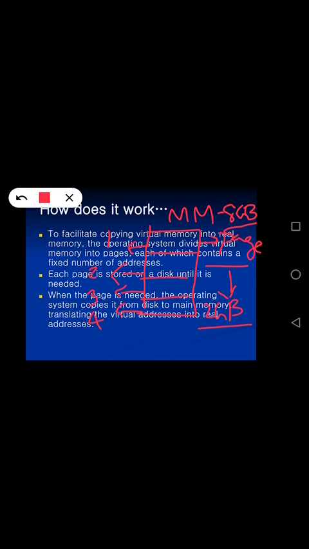Because if a particular instruction or group of instructions or the whole program wants to get executed, then the particular program should be present in main memory.